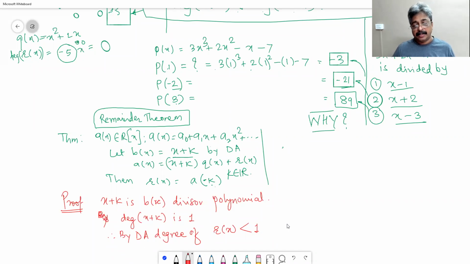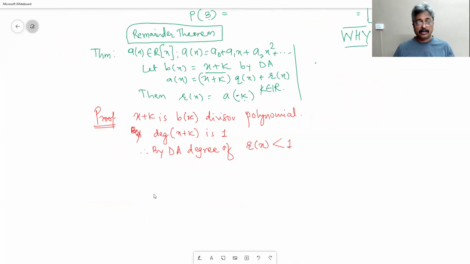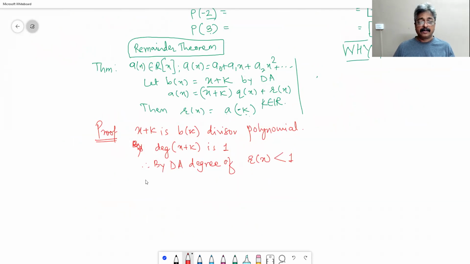Therefore, the only possibility is that r of x is the 0 polynomial or a constant small r belonging to the reals.